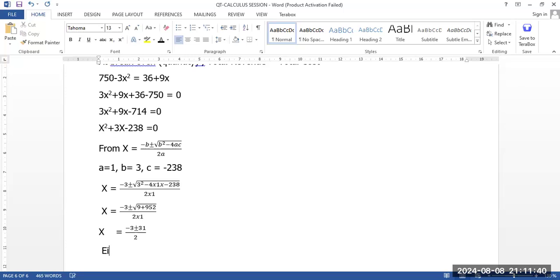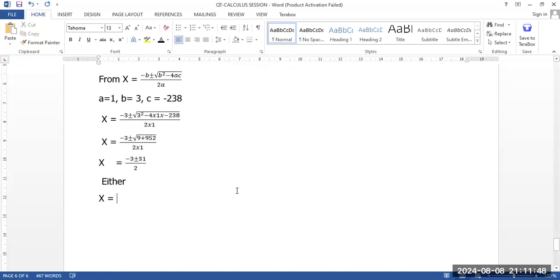So either x is equal to negative 3 plus 31, then everything divided by 2, or it is negative 3 minus 31, then everything divided by 2.